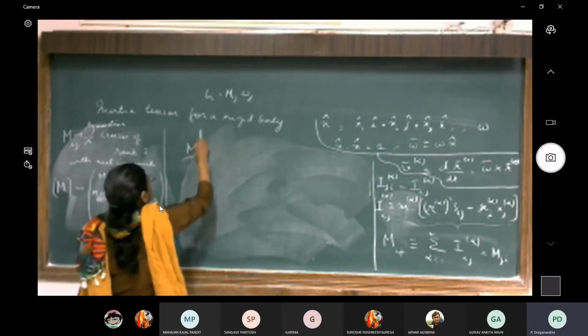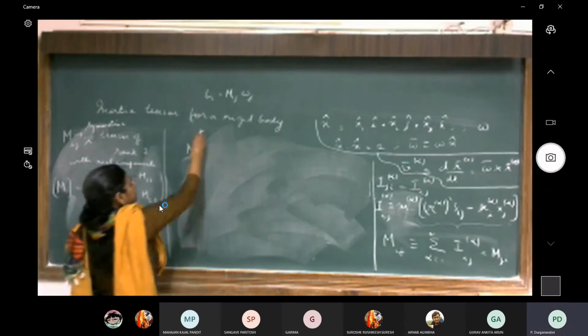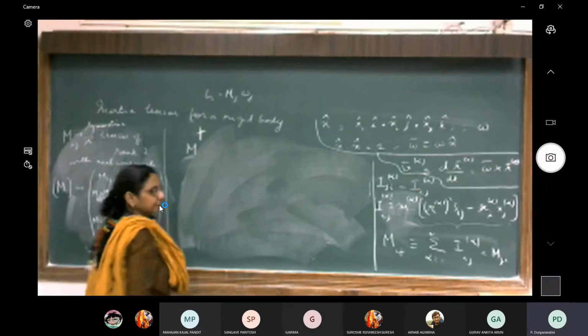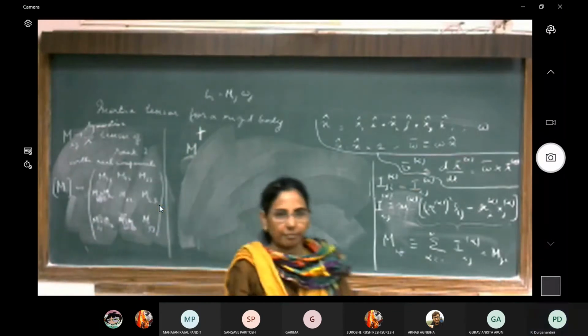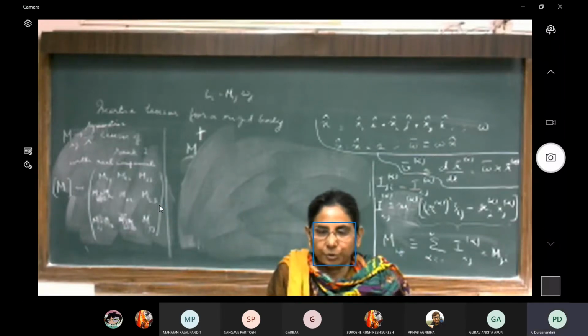Now can you tell me what is M dagger? Think of this as a matrix. Then by definition, given a matrix M, how do you define the dagger of a matrix?